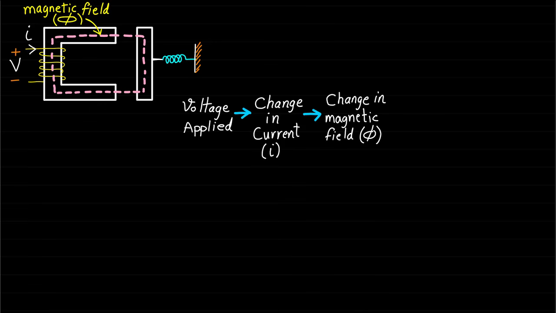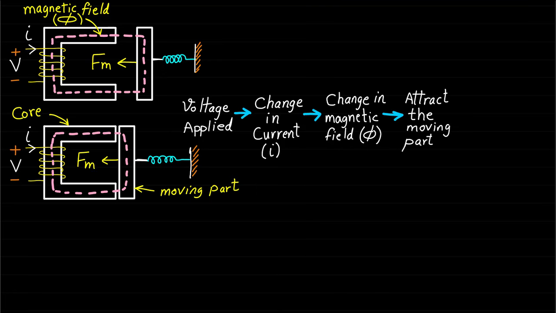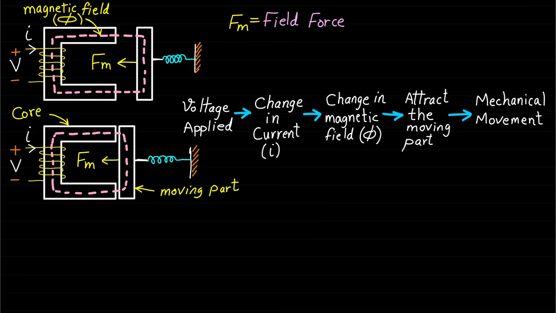This magnetic field will magnetize the core and then attract the moving part toward the C-shaped magnet by a certain linear force Fm. This force can also be called field force because it is generated as a result of the magnetic field. Note that the current I should be strong enough to overcome the mechanical spring mechanism and be able to pull the moving part toward the C-shaped fixed part.